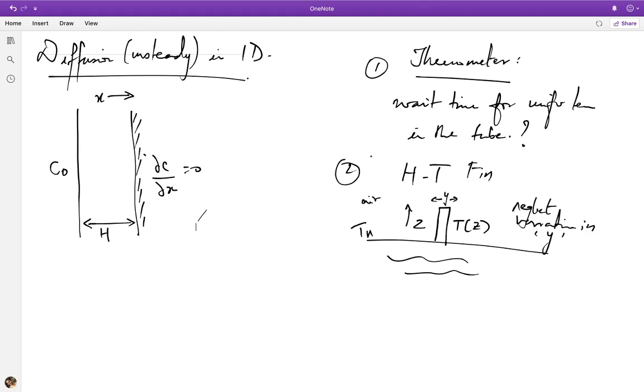Okay, but there is also another scenario, a kind of flipped version of this problem, where we say that the depth of this slab is so deep that we don't really expect the concentration to ever reach all the way through and try to attain a uniform temperature. Instead, what we are interested in is to know that after a specified time, it could be a measurement time, an observation time, or a time for which we are able to supply the species, at a given time to what depth can the concentration diffuse into the slab, even though we know that it's never really going to reach all the way through.